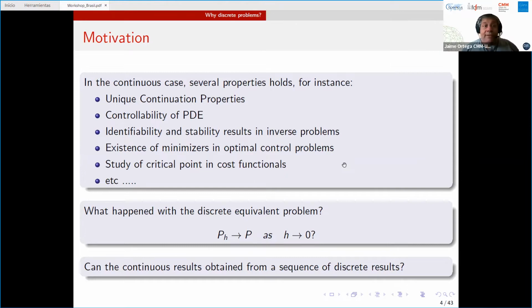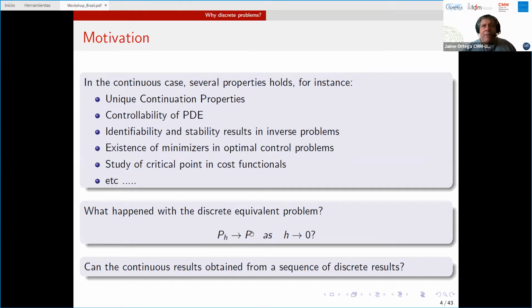Inverse problems are a very important area of research in recent years, and for that reason, we want to obtain some results of identifiability, stability, numerical reconstruction, and so on. Or when we are thinking of a control problem, we are looking for the minimum of the functional, and the question is what happens when we go to the discrete one, and so on. There are a lot of problems.